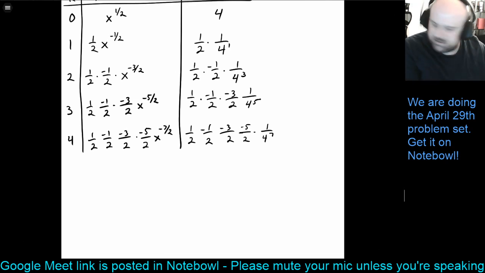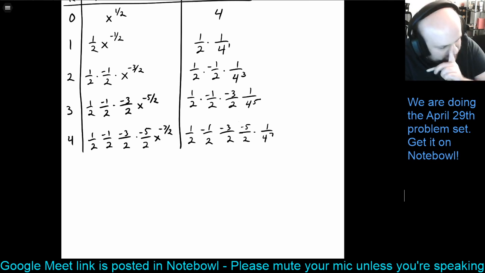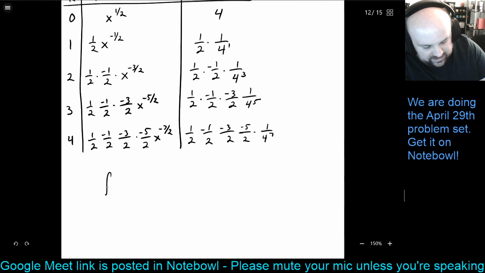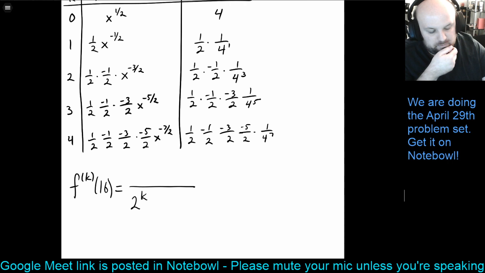If we count up the number of 2's on the bottom in each case, it's always 2 to the power k. So when we're trying to find the kth term, f^(k) of 16, there's always a 2 to the k on the bottom, no matter what term we're at.